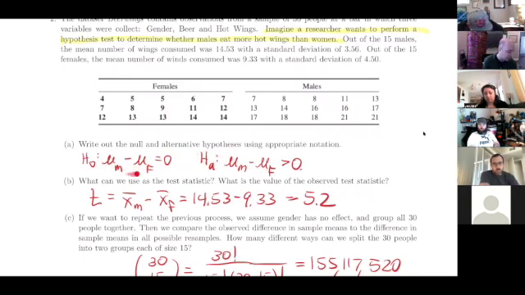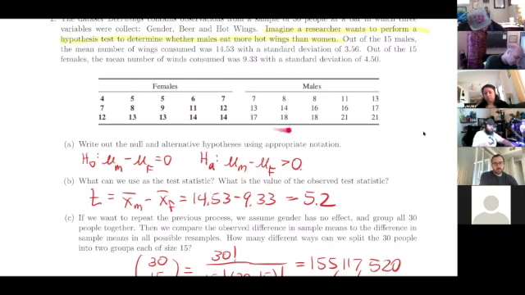The null says we think this difference is going to be 0, where these mu's refer to the means of all men who eat hot wings and all women who eat hot wings. The alternative is that they suspect men eat more, which is why we have a greater than sign. Then we can calculate the test statistic.